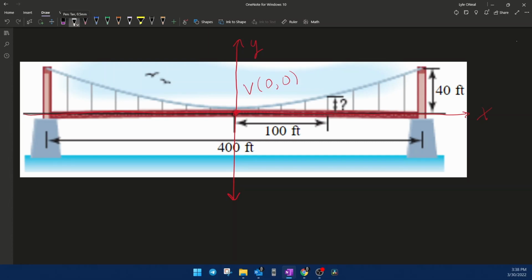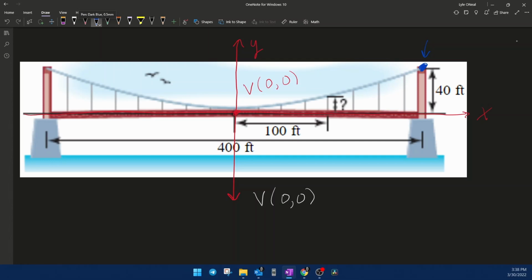Okay, so let's make a note of what we've got. We've got the vertex at the origin, and whether you know it or not, we know another point on the parabola. Right up here at the very top of the tower, that would correspond to another point on the parabola.